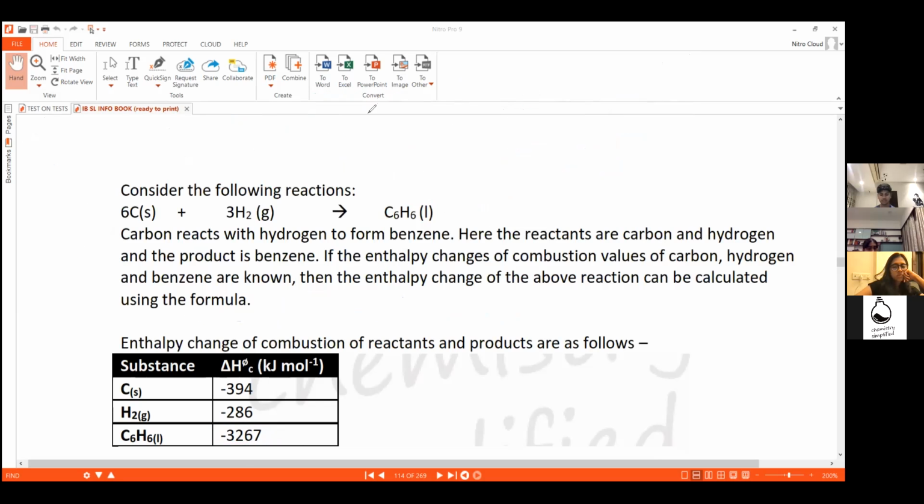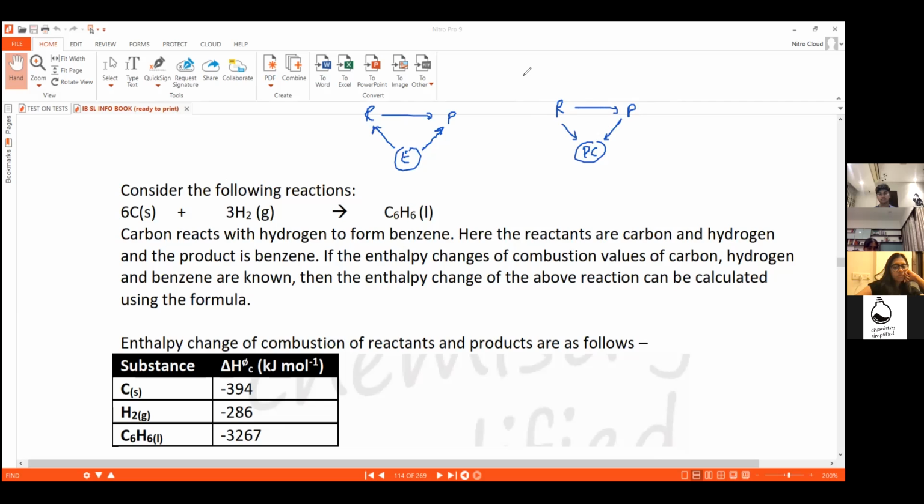So basically, reactants, products and elements, if formation values are given, it looks like this. Okay, and reactants, products and products of combustion, it will be here.